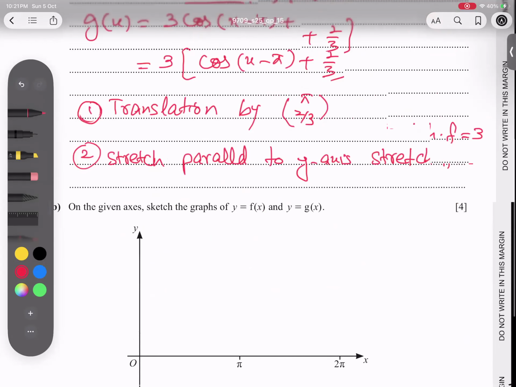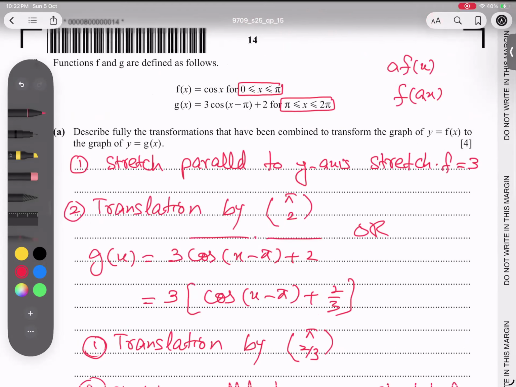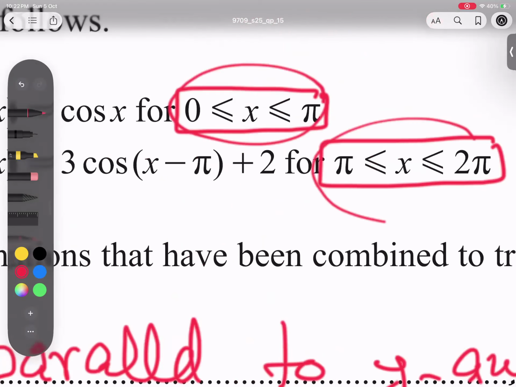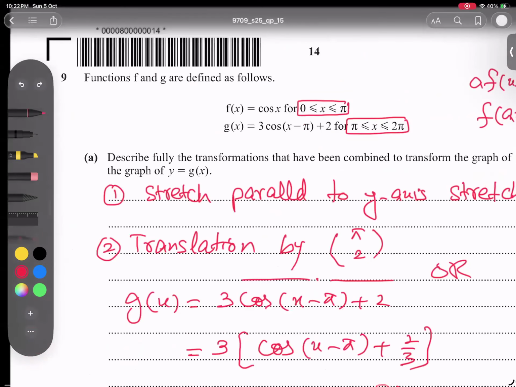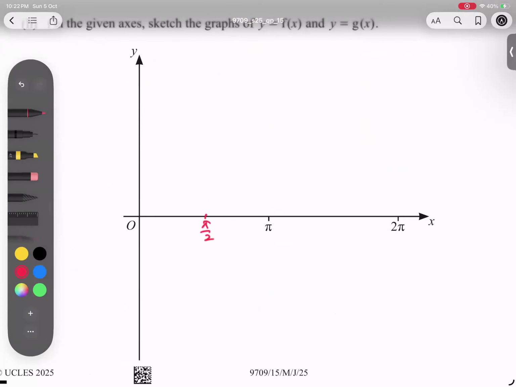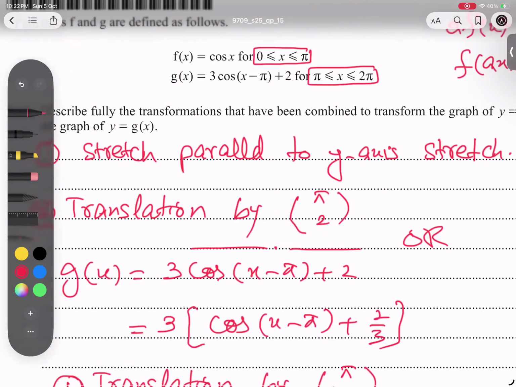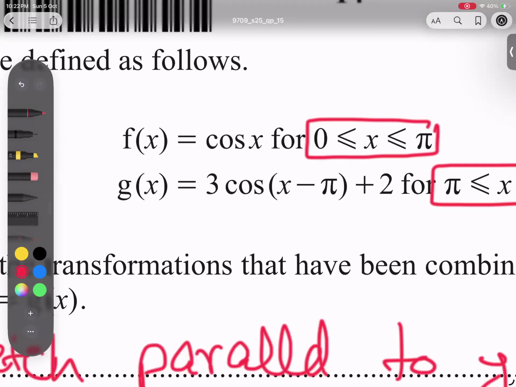We can move together, but make sure this is 0 to pi and pi to 2 pi. The best way for this kind of question is to make it in the middle pi by 2 and here 3 pi by 2. And I said before, what is the number multiplied before? So it is 1 cos 1x plus 0.